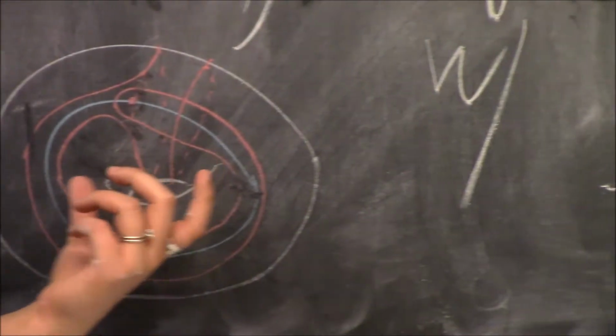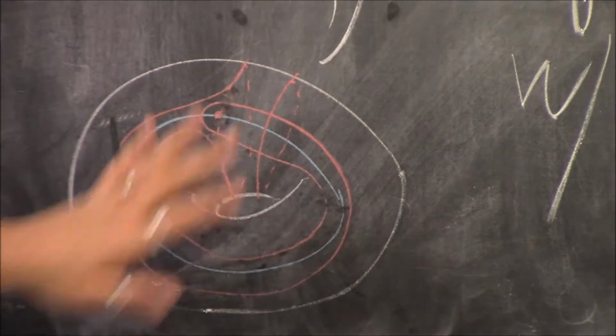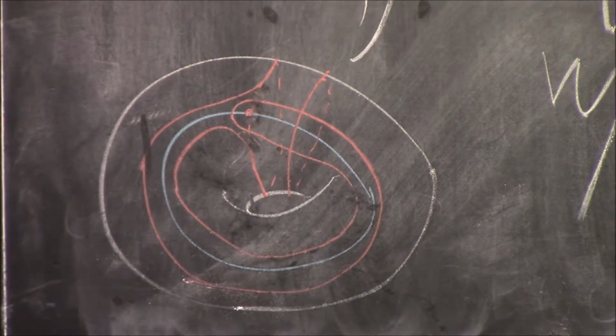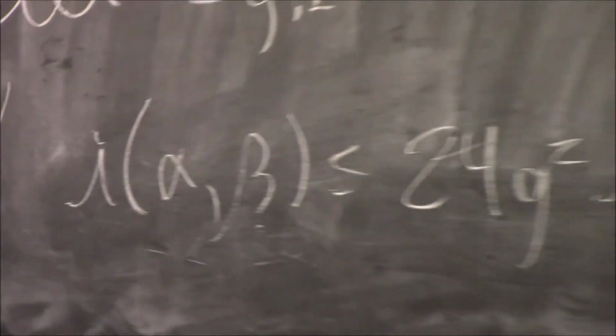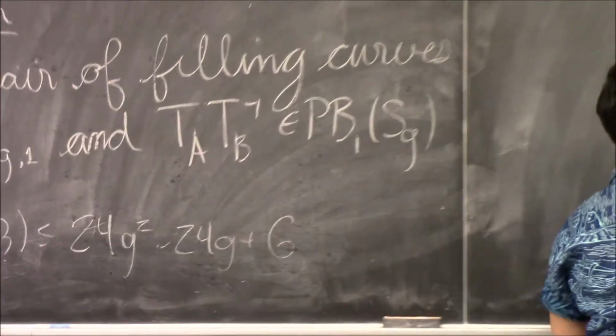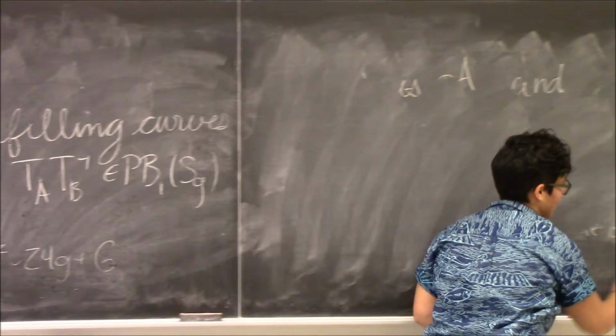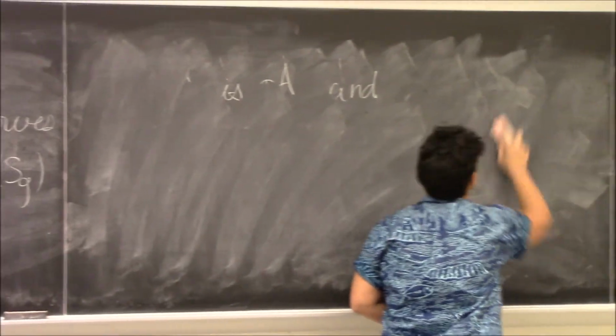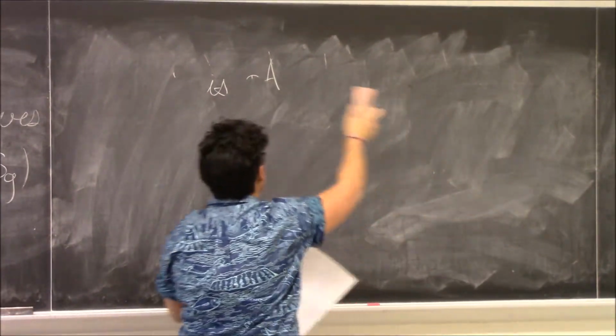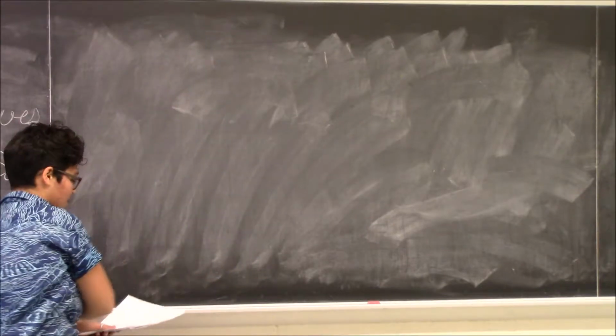Well, this bound doesn't quite work for genus 1 and 2, but we also have a nice bound there. And because of this nice bound on intersection, we get a nice bound on the dilatation of this map. And in the case of just the point pushing, it's really nice because the computations are very easy if we just have 2 filling curves.